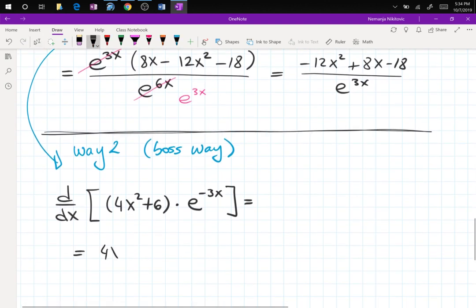So copy the first, 4x squared plus 6 times the derivative of the second, which is negative 3e to the negative 3x, plus copy the second, e to the negative 3x, times the derivative of the first, which is 8x.